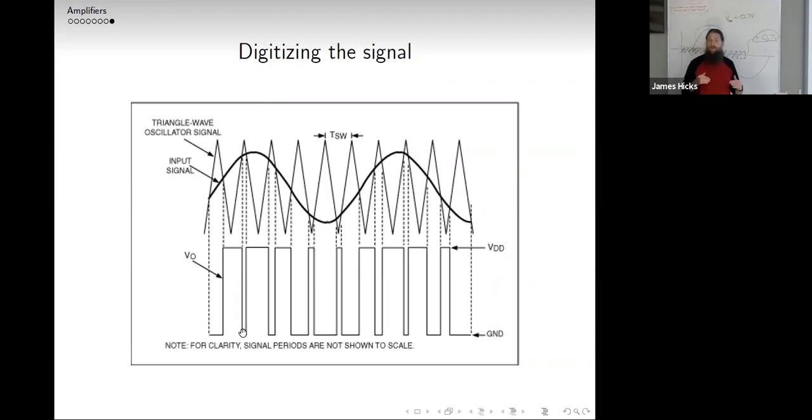And I'm comparing those two. So in this first part here, my input signal is below the threshold level, so it's off. The comparator says it's below.